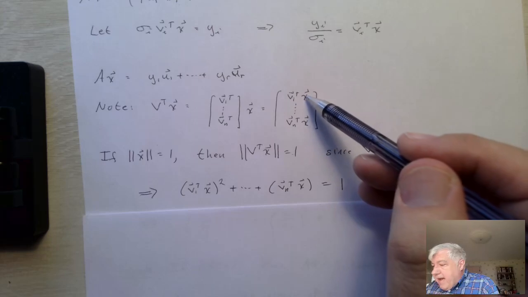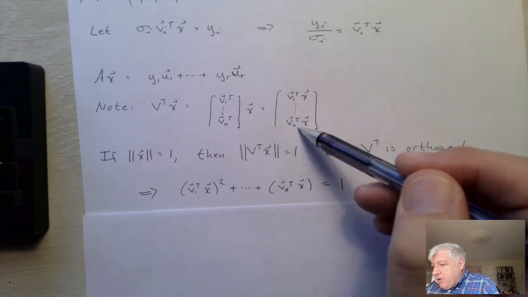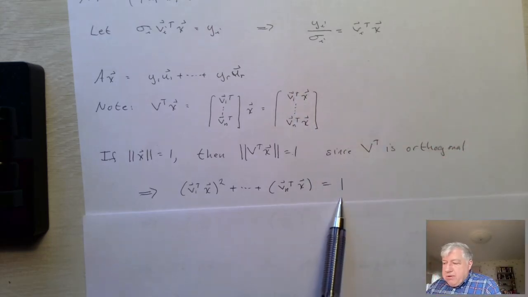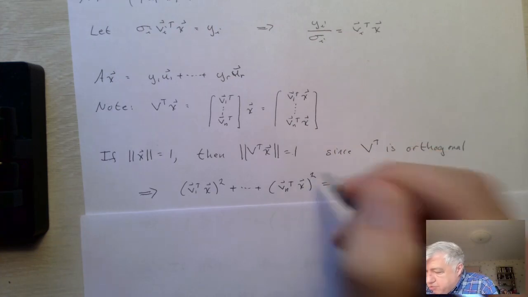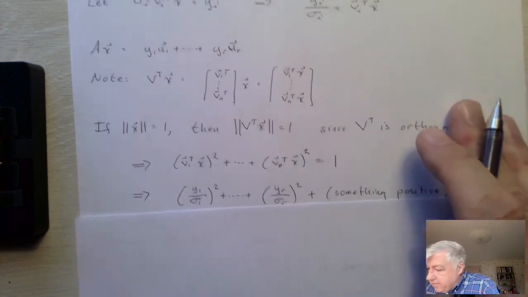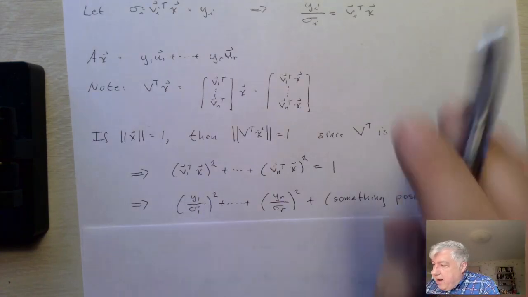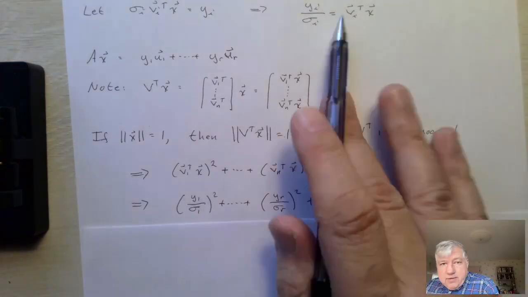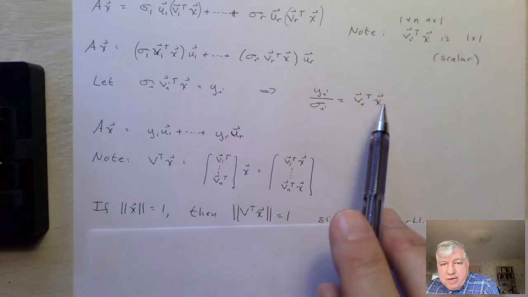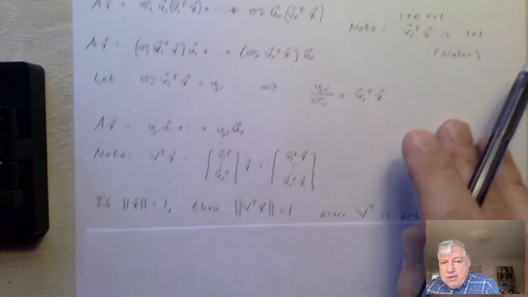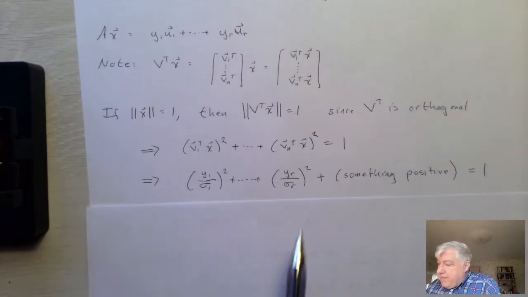So if we take the squares of all these components and add them together, that's equal to 1. Okay, and there should be a 2 here. Shame on me. And then if we replace V_i transpose X with y_i over sigma_i, we get this.